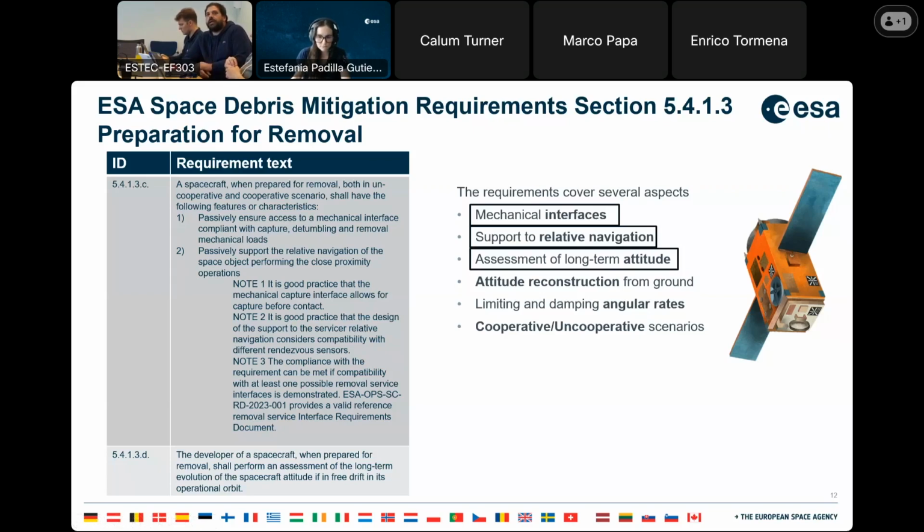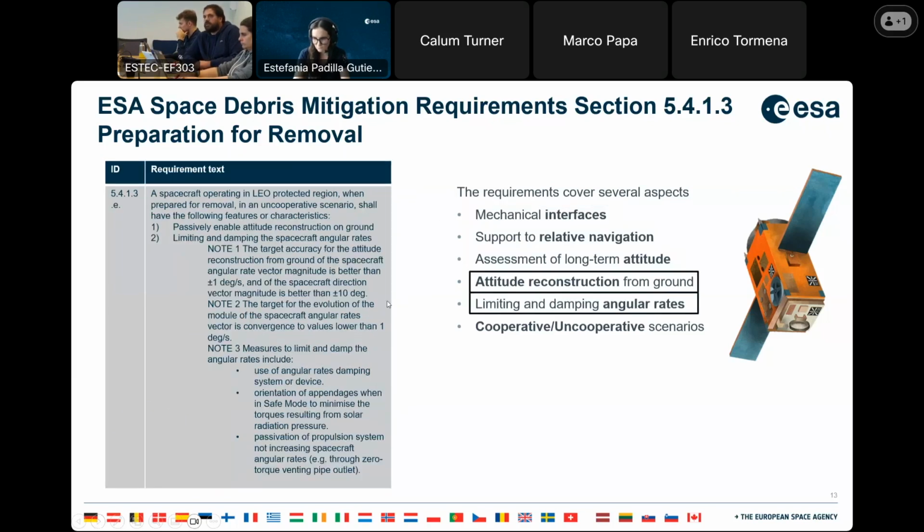For sure, another important point is the one related to the assessment of the long-term attitude. And also this part is specifically addressed by the space debris mitigation requirement, as it is fundamental, it is critical to have an assessment regarding the evolution of the attitude in order to ease all the parts related, for example, to the rendezvous and the close proximity operation.